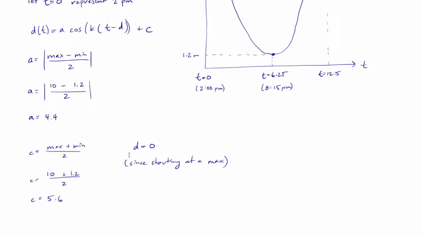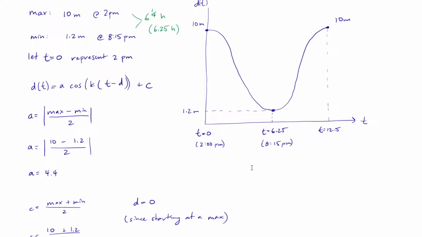The last thing that I need to do is find the k value for this function. And recall that k can be calculated as 360 degrees over the period, or if using radians, 2 pi over period.